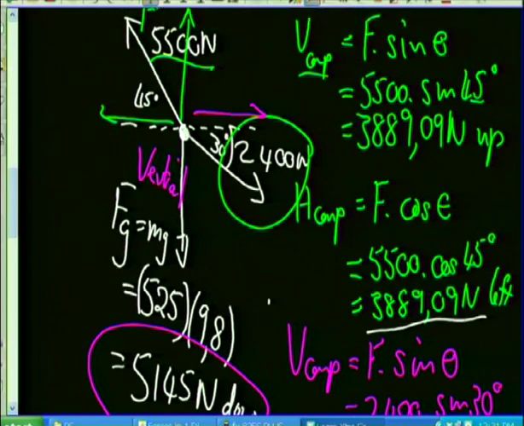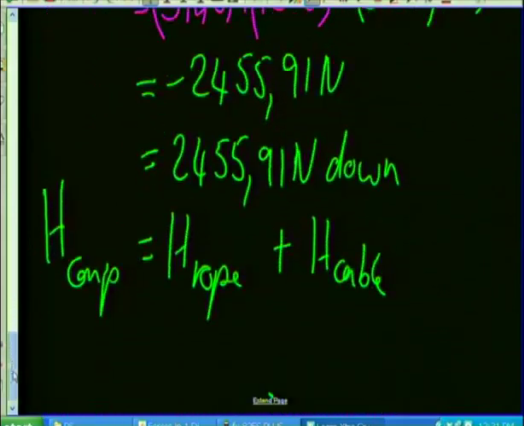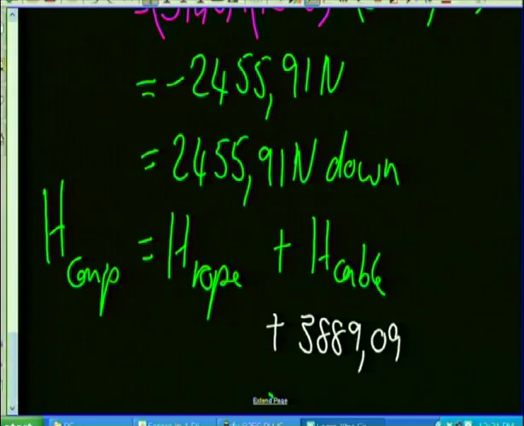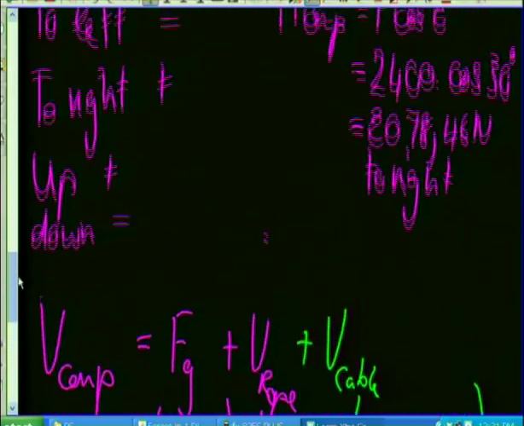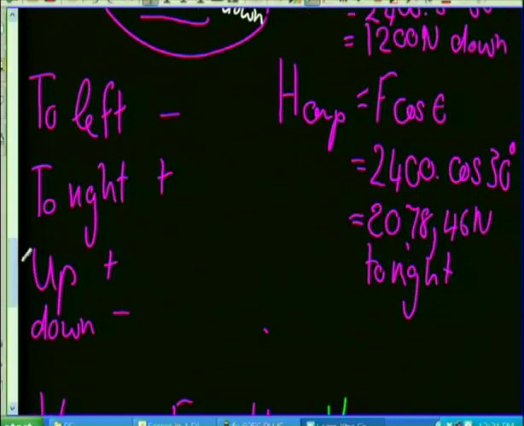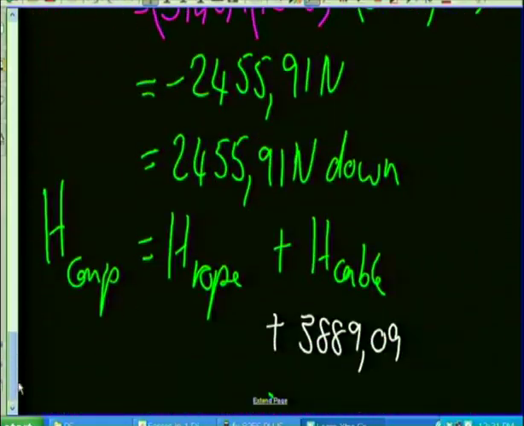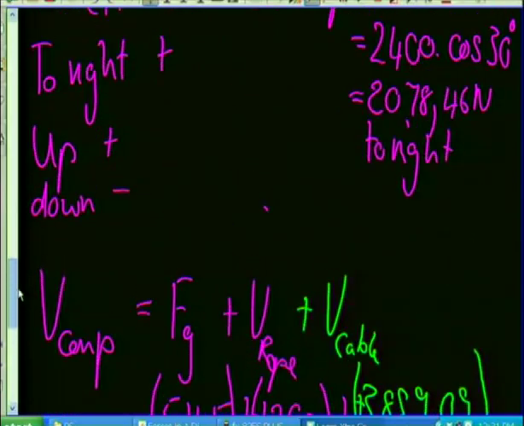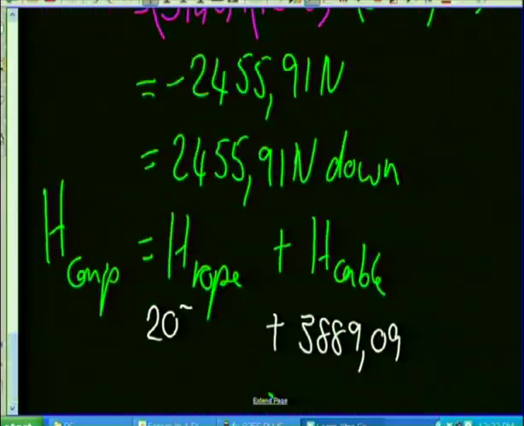So it's 3889.09. And what about the rope? The rope was a different value. It was 2078.46. But guys, these were in the opposite direction.